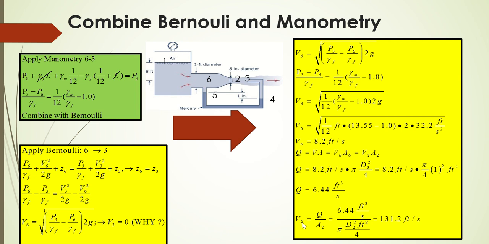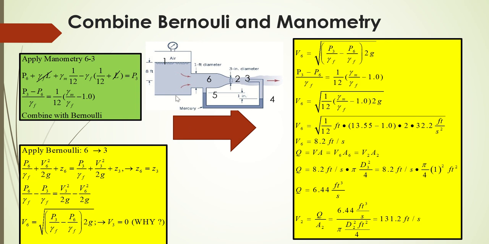And also, for mass conservation, I can solve for V2 because Q is equal to V2 A2. So V2 is equal to Q over A2. So I know Q, I know the area, pi d2 squared over 4, and my value of V2 is 131.2 feet per second.